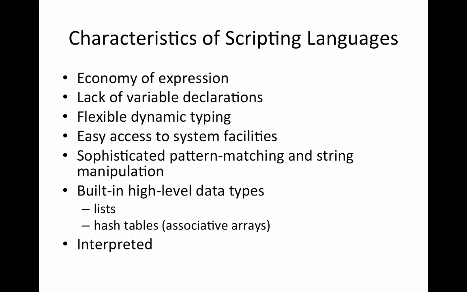Operating systems don't require a lot of sophisticated string manipulation. They might shuffle strings around, but they're not trying to locate patterns within strings. Operating systems typically aren't verifying dates. They're not trying to extract information from strings. So they didn't care about fancy string manipulation, but scripting languages typically do.